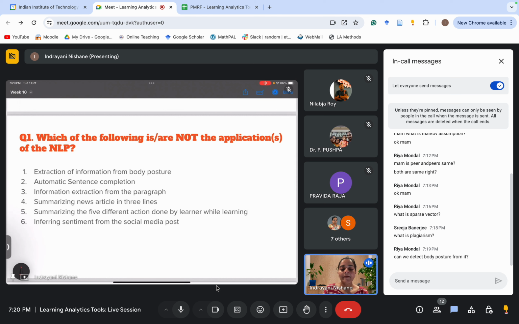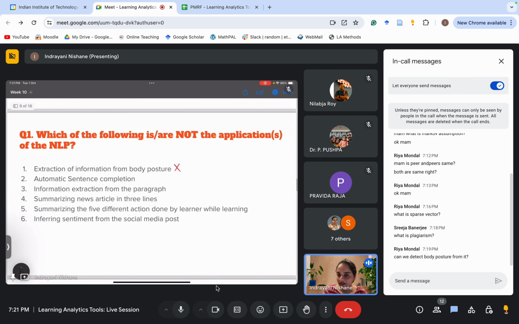That all will involve processing of the video data. So that will be part of computer vision. That will be part of multimodal data analytics, where we will be thinking beyond using log data to know more about learning processes of learners. So this is not the function of NLP.